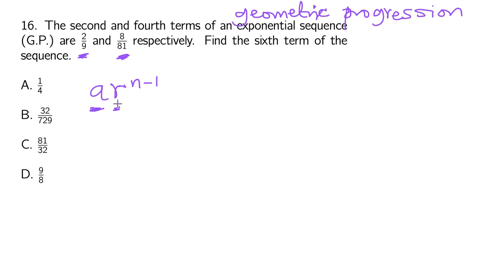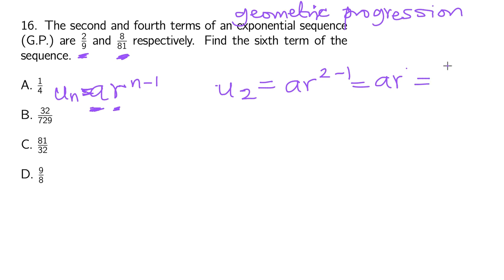And if you use it in this case, it says that the second term, which means n is 2, so let me write this as un equals that. So u2, which is the second term, equals ar to the 2 minus 1, which is the same as ar to the 1, but that's the same as ar.